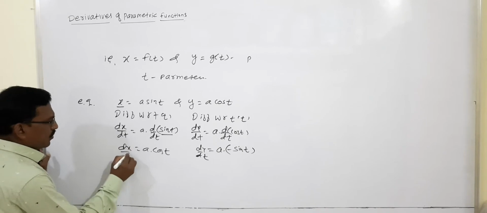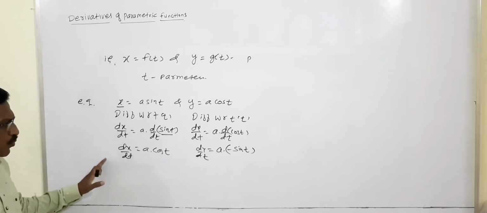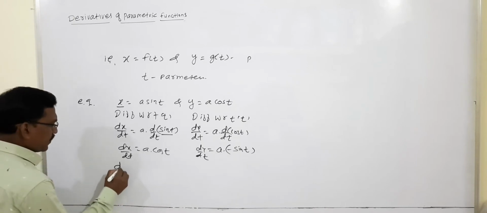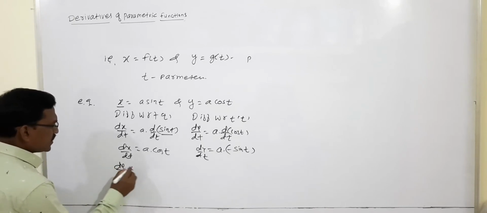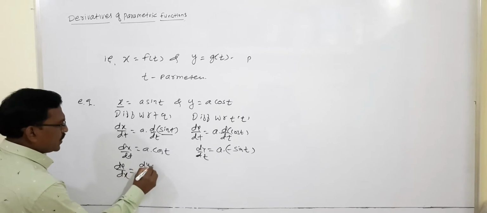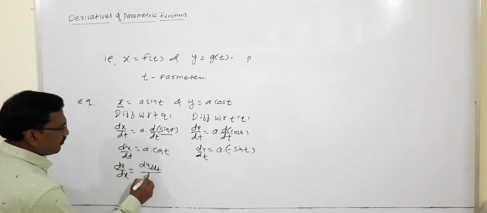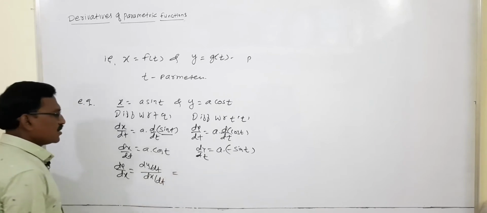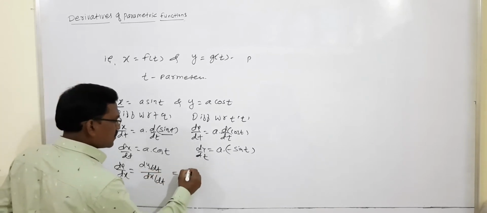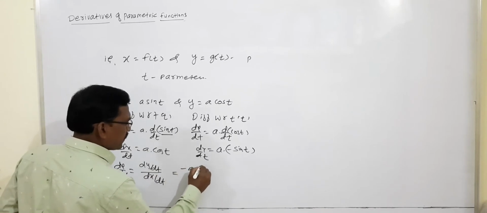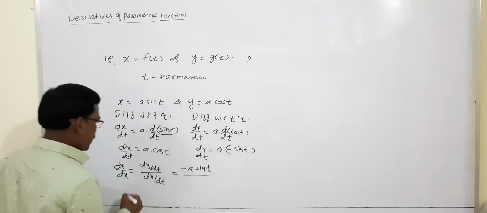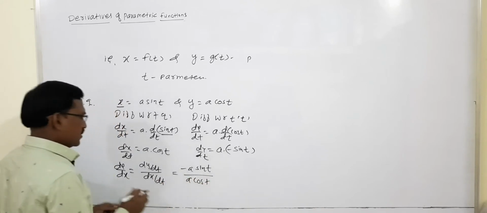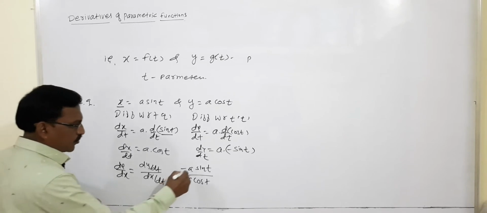Now after this we put the values in this form: dy by dx is equal to dy by dt divided by dx by dt. Here dy by dt is minus a sin t and dx by dt is a cos t, and therefore a will get cancelled.